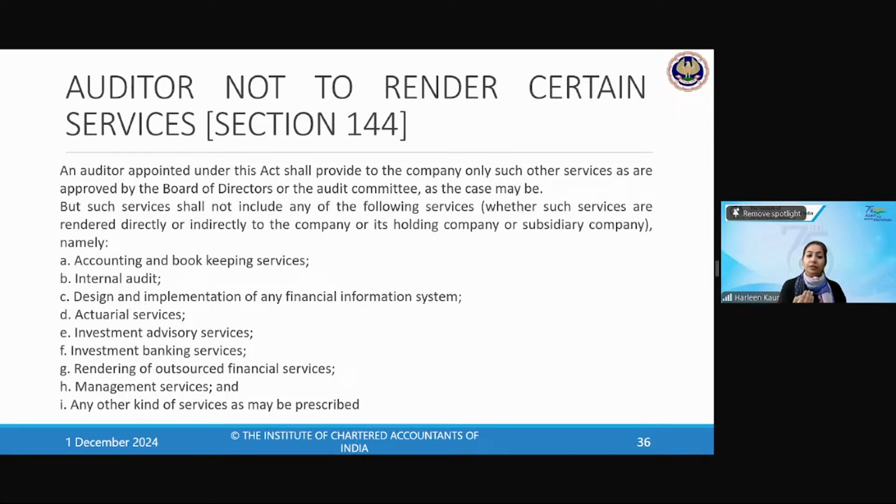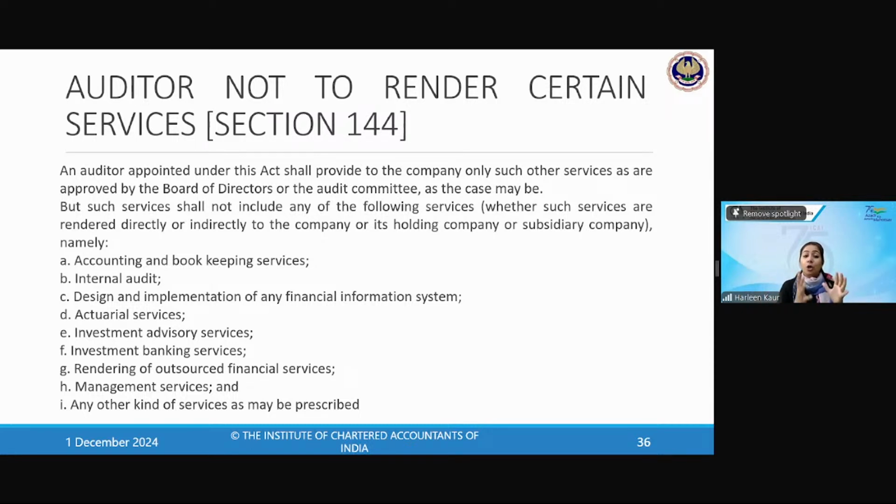I, as an auditor, am your auditor of your company and I'm also doing bookkeeping services. Bookkeeping services, what is that? Class 11, 12, first day, first chapter, accounting chapters, you have understood what accounting is. You're preparing the general ledger, subsidiary books, bookkeeping services.